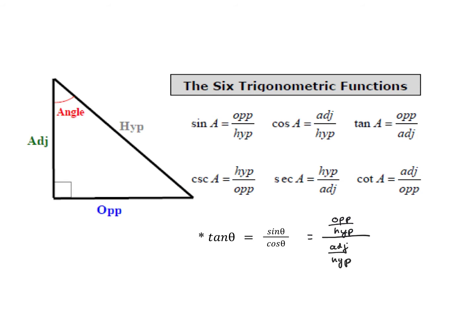So if you simplify this, you end up with simply opposite over adjacent, which is our ratio for tangent. So an additional way you can think about tangent is sine over cosine. And just remember, for whichever angle you are working with, the hypotenuse is always opposite the 90-degree angle, and then the opposite side is across from your angle, and the adjacent side is touching your angle.